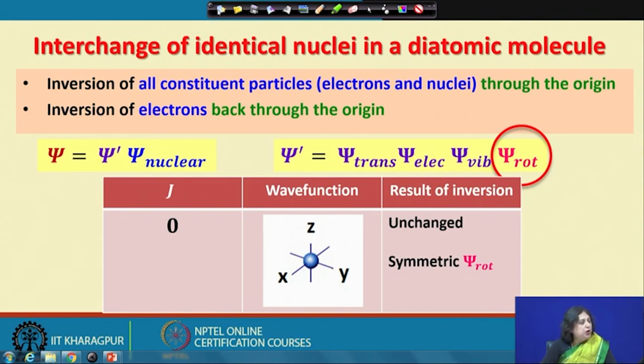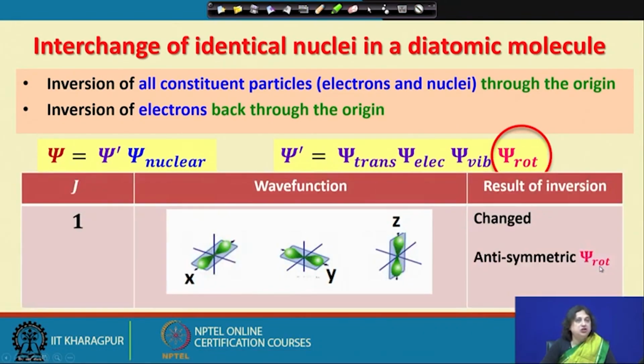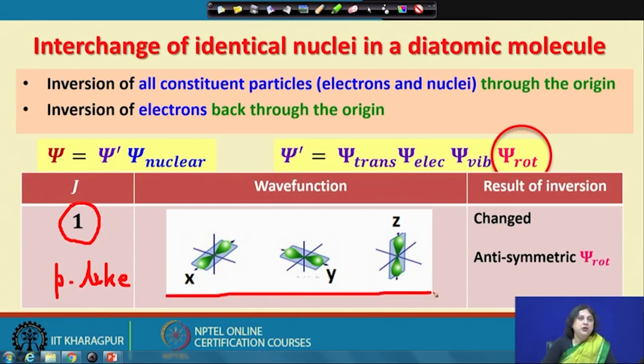Now, let me also look at the other cases, like when j is equal to 1. When j is equal to 1, this is the case where the rigid rotor wave function displays symmetry properties exactly like the p-like orbitals. Here we have shown the orientational dependence of the different solutions which are associated with j equal to 1.